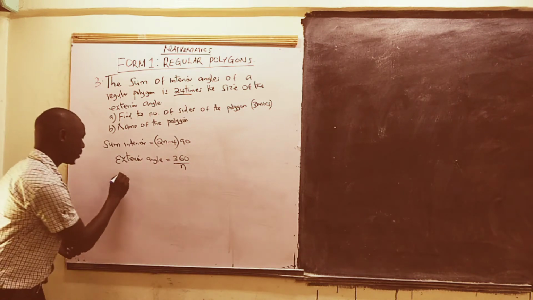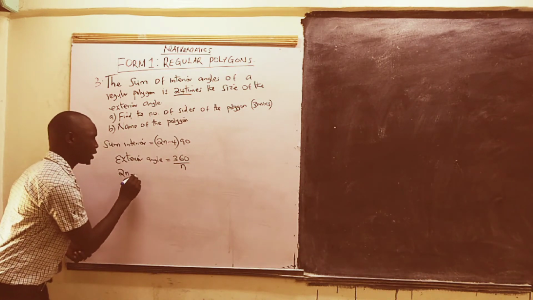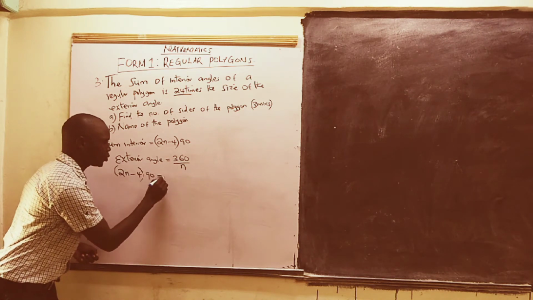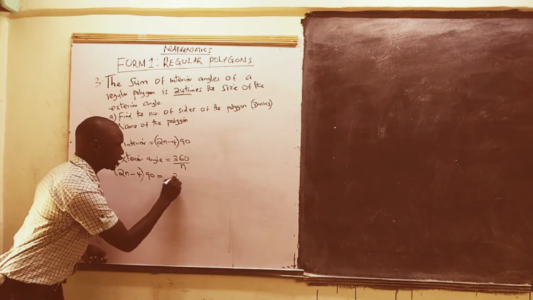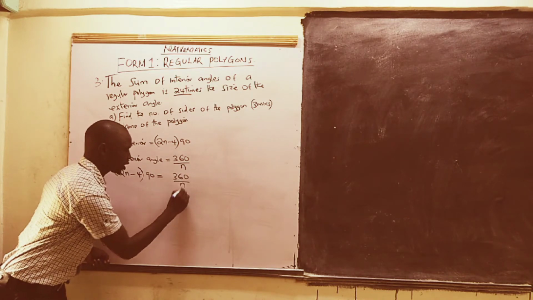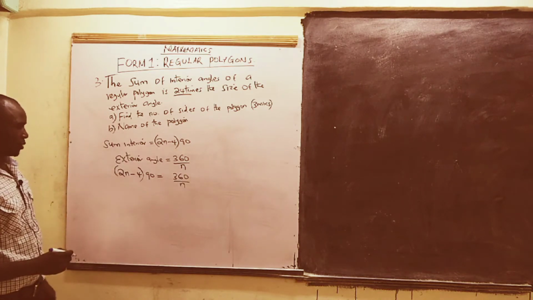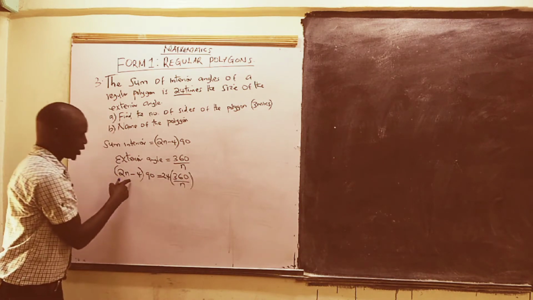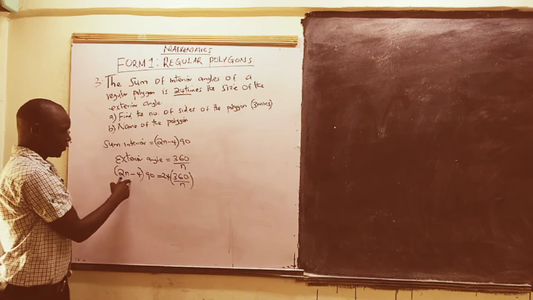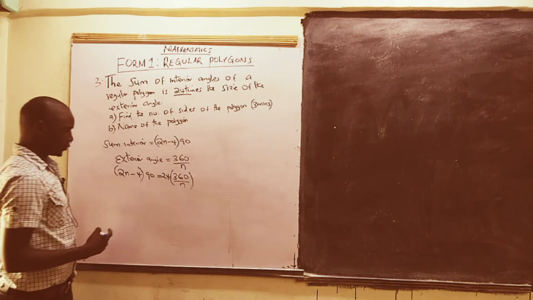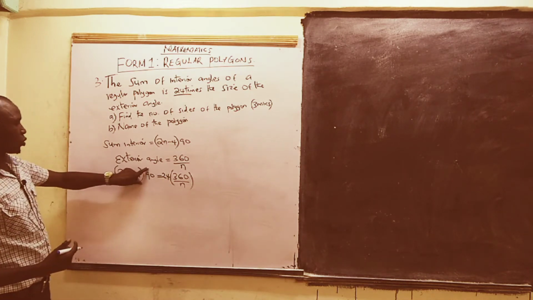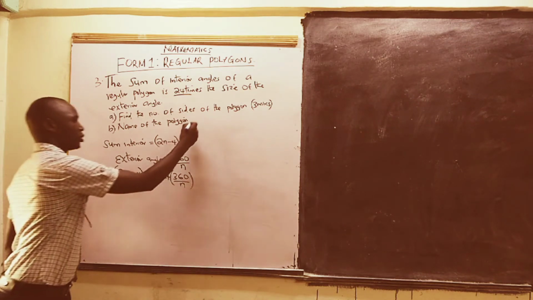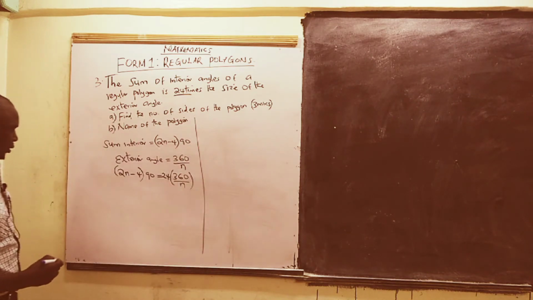Therefore, we know (2n minus 4) times 90 will be equal to, this is each exterior angle, which is 360 divided by n. If we multiply this by 24, because this one is the one that is 24 times, then the two are going to be equal, and from there we can solve the question without any problem.